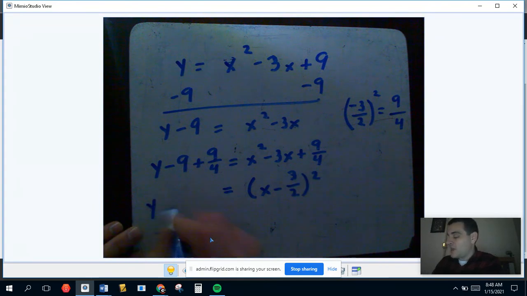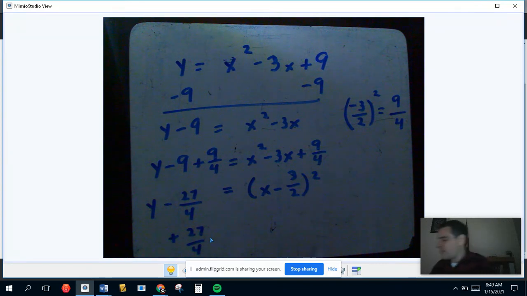Now, over on this side, you probably want to use a calculator. The way I think about it is this is -36/4, and -36 plus 9 is -27/4. Don't worry about that. You might have a decimal here at this point. Not a big deal. We would then add the 27/4 or the 6.25. No, 6.75.